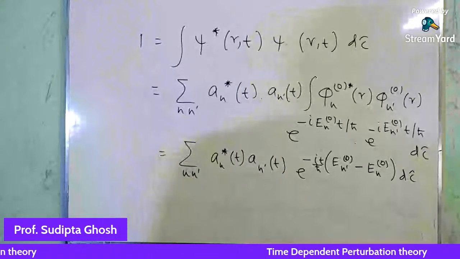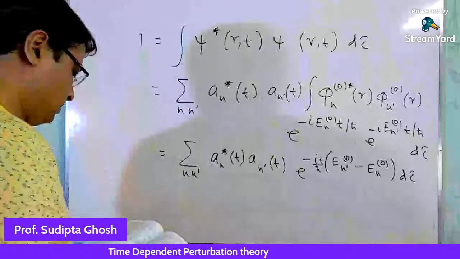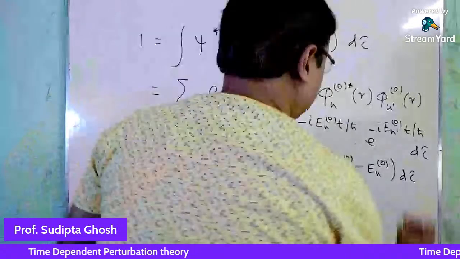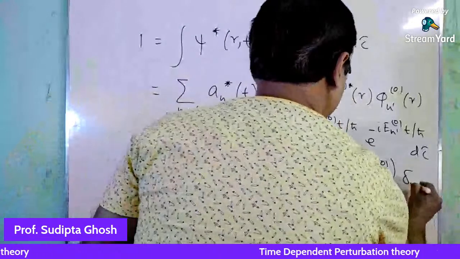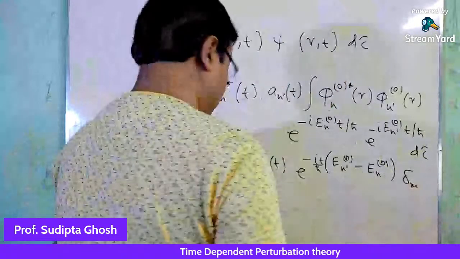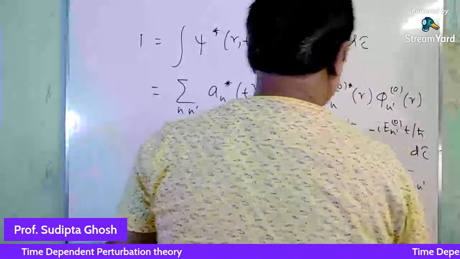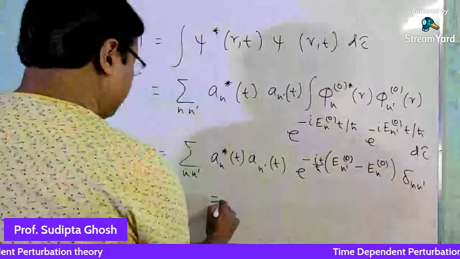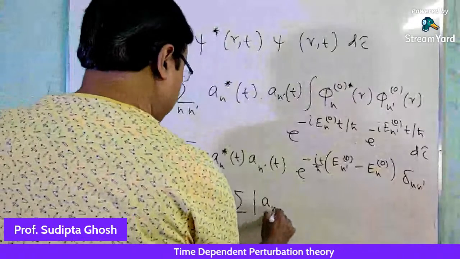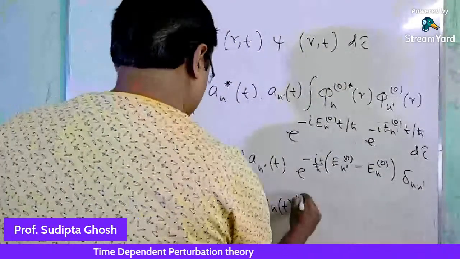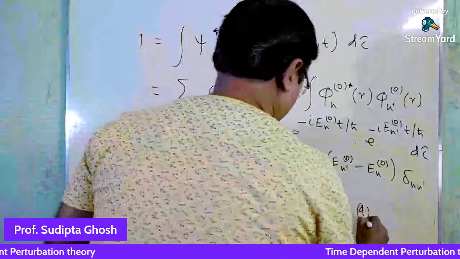Then the value will be the Kronecker delta, delta n n prime, and thus the value equals the summation of mod a n t whole square. This is equation 4.